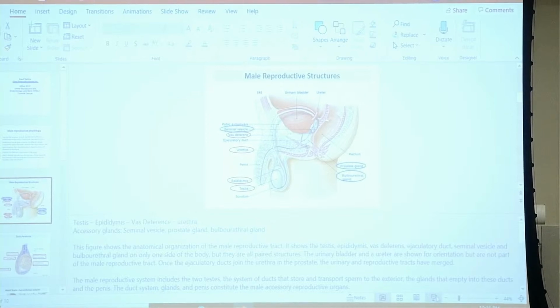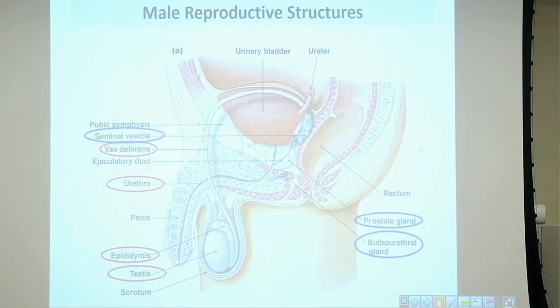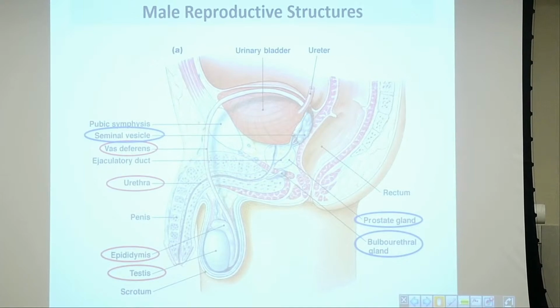male reproductive system. As you can see here, the male reproductive system consists of different parts.